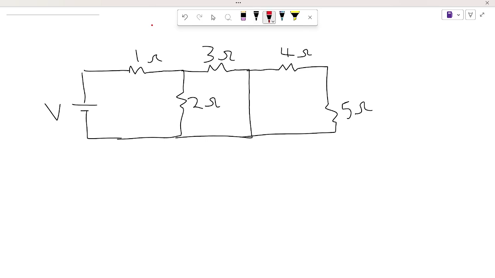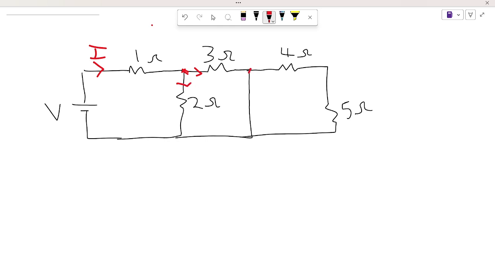So when current is flowing through the circuit, let's say from this point we have I, there's a node here where current is going to split. We have part of the current flowing here, part flowing here.